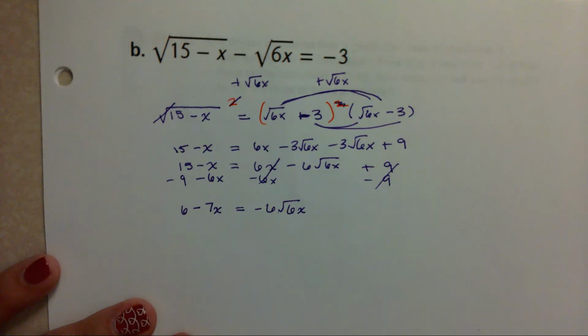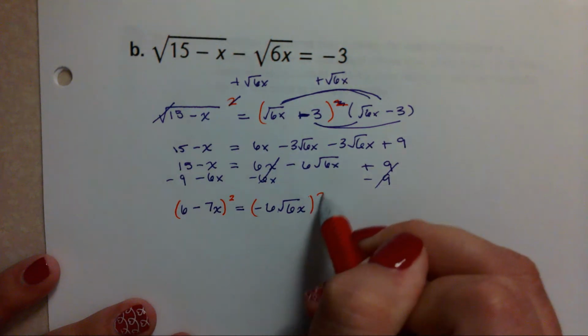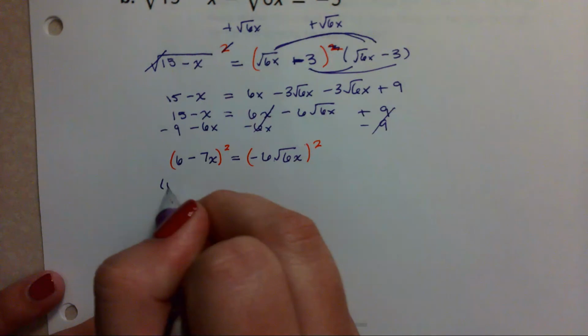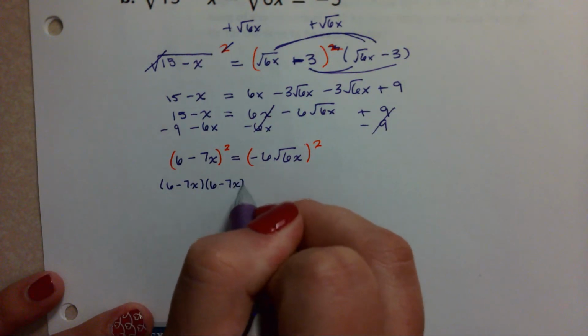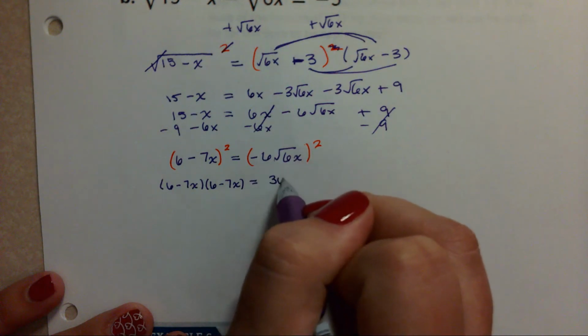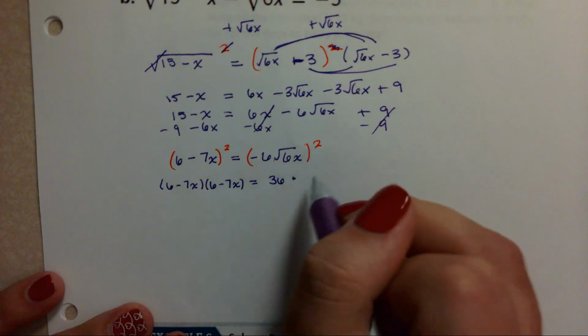Okay, so now I'm going to square both sides, which is going to give me 6 minus 7x times 6 minus 7x equals negative 6 squared is positive 36 times root 6x squared is 6x.